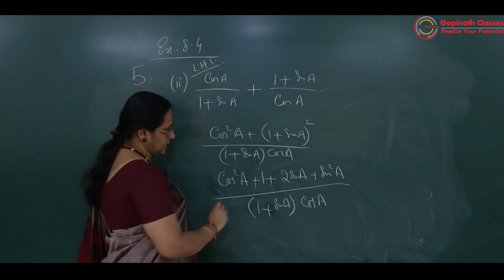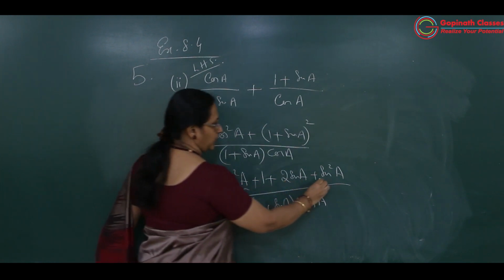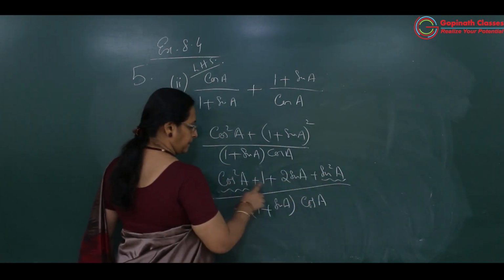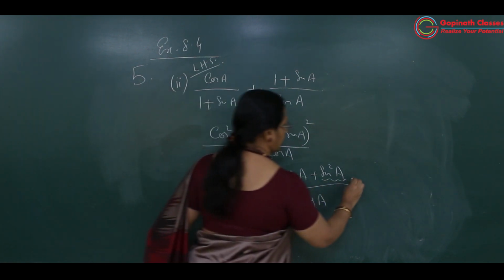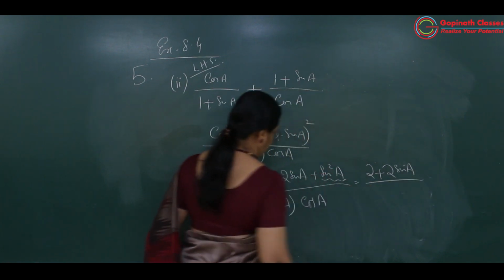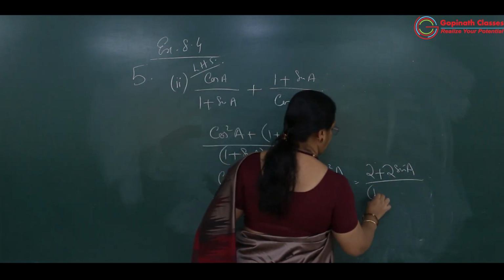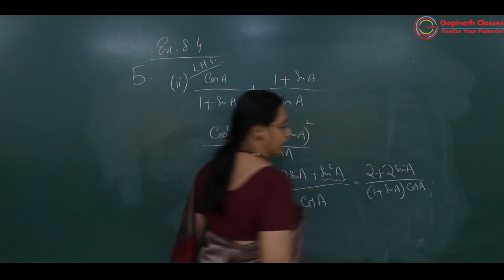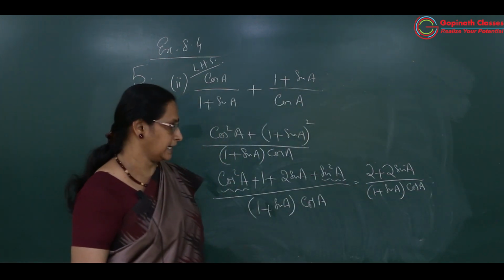Now you can clearly see an identity here, cos square A plus sin square A, which is 1. This 1 plus 1 becomes 2. So I will get 2 plus 2 sin A upon, don't open the bracket, 1 plus sin A into cos A. Because once you open the bracket, there is no chance of cancelling it.